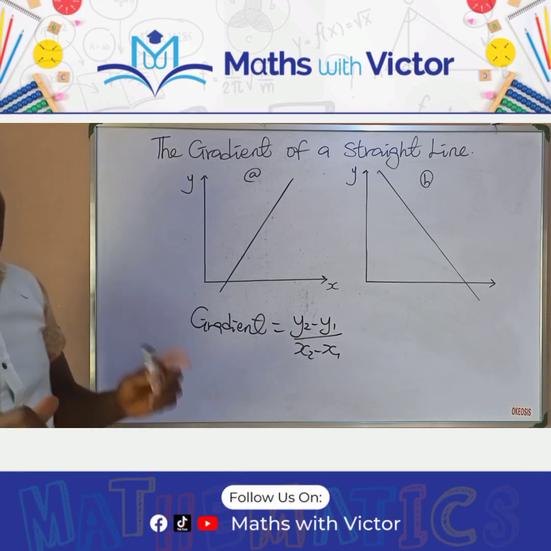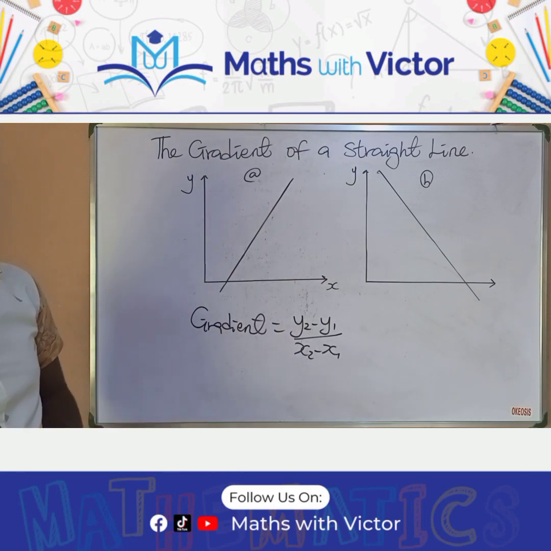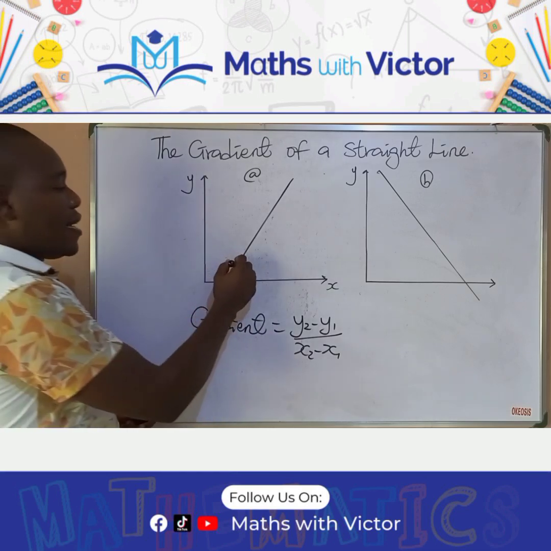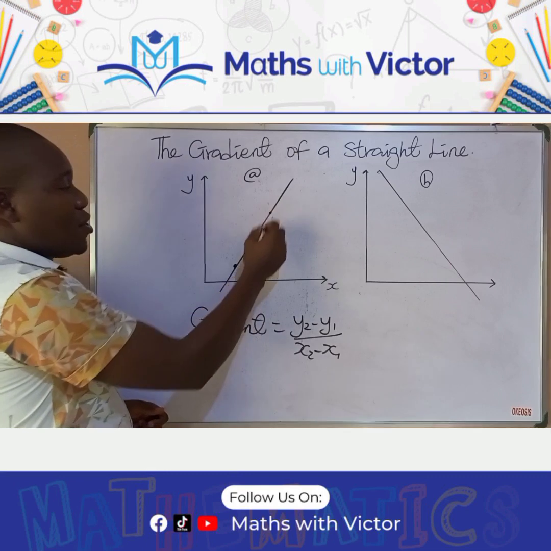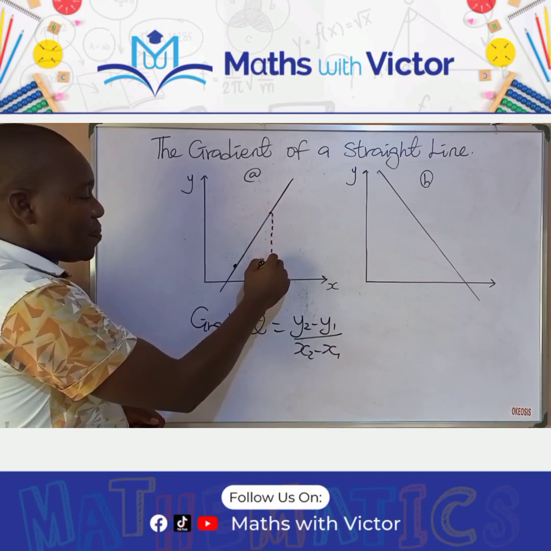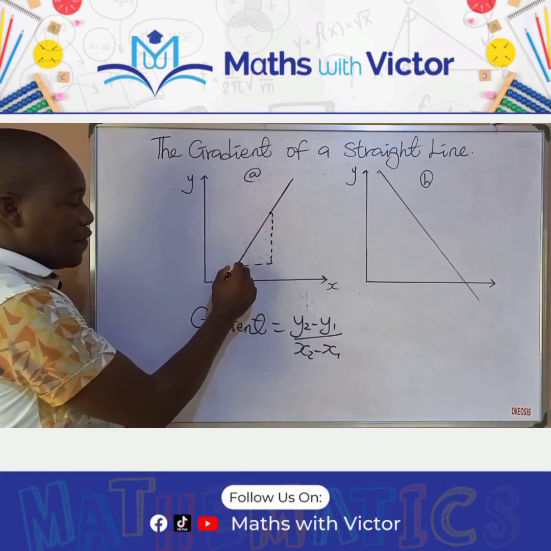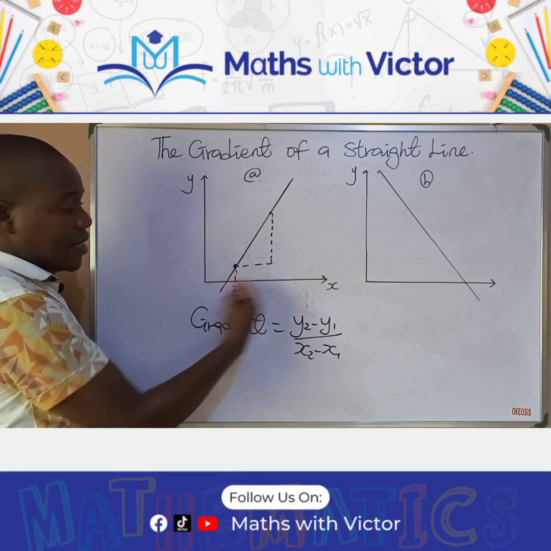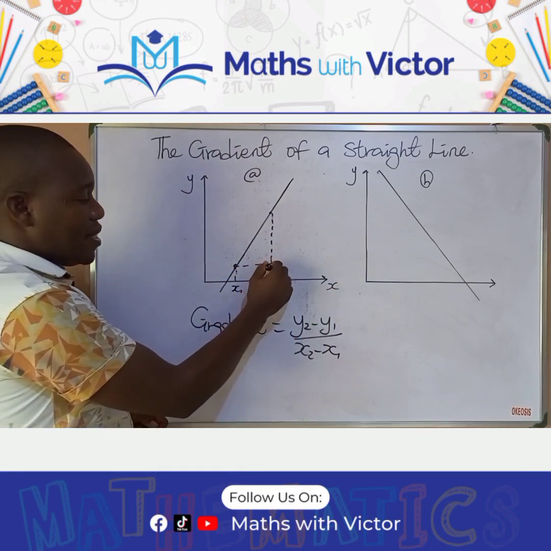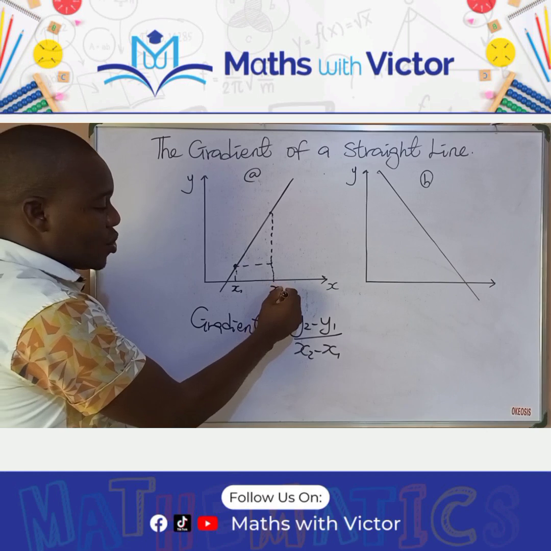Like I said before, it doesn't matter which points you calculate, you are going to get the same gradient. For instance, if I take these two points, I'm going to draw my right angle triangle. Then, of course, I trace the first point with the coordinate x1 to the x-axis, and I trace the coordinate x2 to the x-axis.